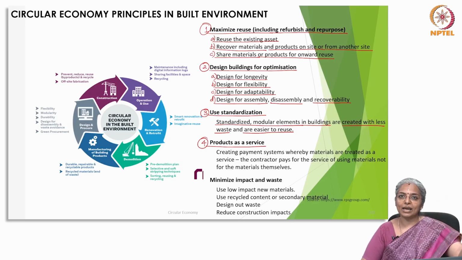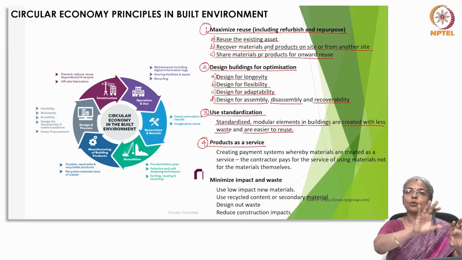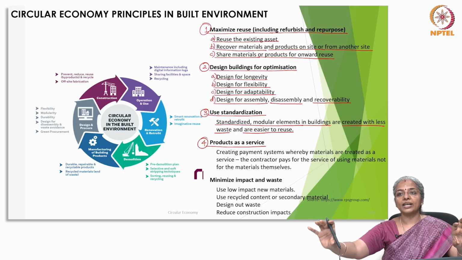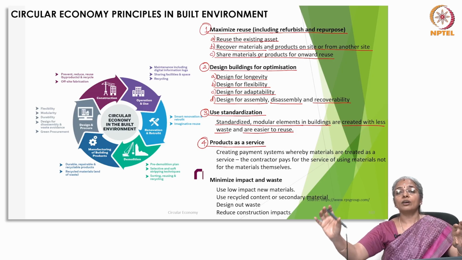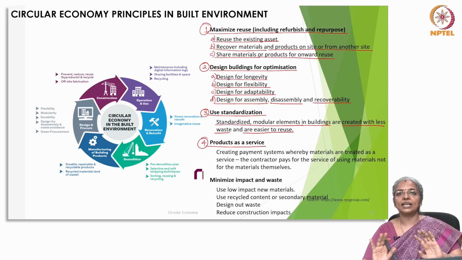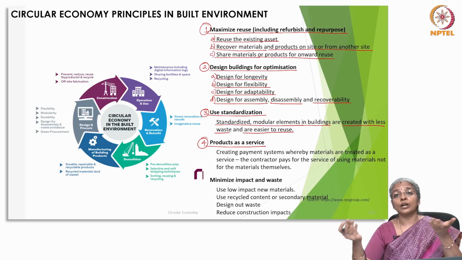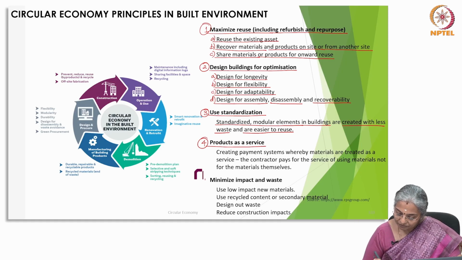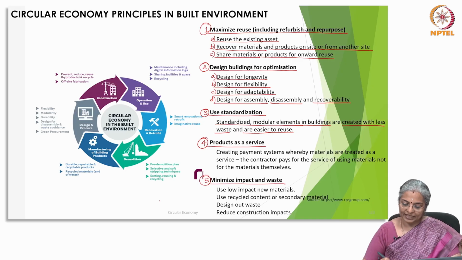So, it is the same material which is going from site A to site B. So, the contractor will pay for the service of using the material, not for the material itself, because we are not looking at virgin materials. And then fifth is minimize the impact and waste.